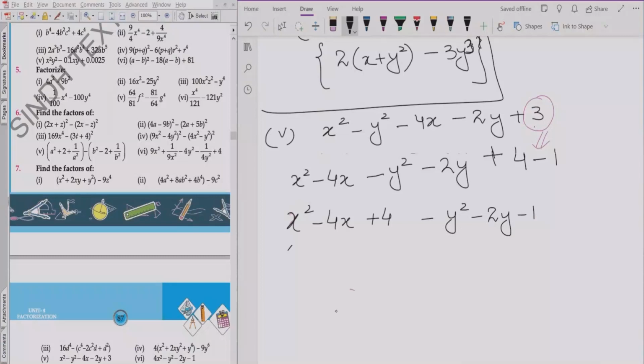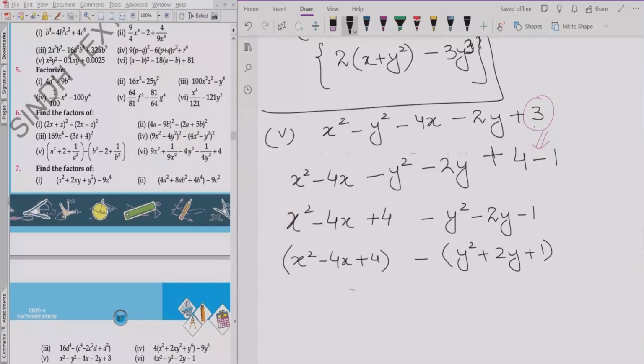After that we will make a bracket here, x square minus 4x plus 4. This is one part, and minus we will take common here. So y square plus 2y plus 1 is another part.